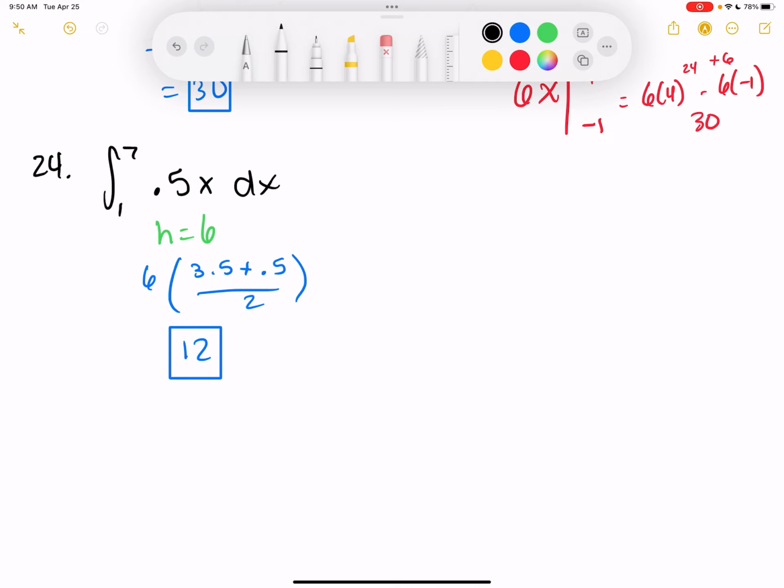The 3.5 was plugging in 7. So this was 0.5 times 7, because there's an x, and then this was 0.5 times 1. You only do that when there's an x. So if there wasn't an x, it would just be 0.5 plus 0.5 over 2. Does the dx have any purpose, as it is right now?